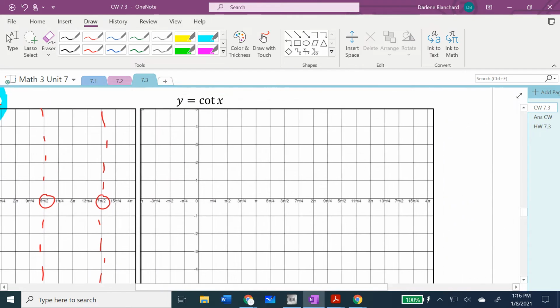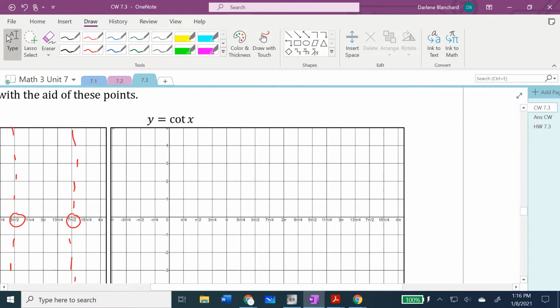When I go and plot the points on cotangent, I end up realizing that cotangent is cosine over sine. Everywhere that cosine is equal to 0, cotangent is equal to 0. So I'm going to plot those points. Cosine is 0 at pi over 2, negative pi over 2, 3 pi over 2, 5 pi over 2, 7 pi over 2.